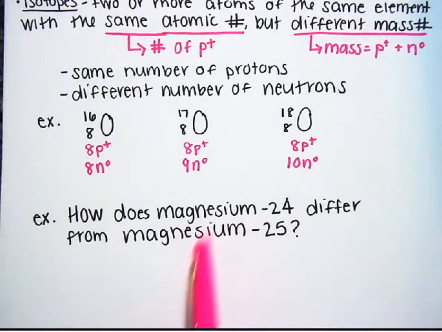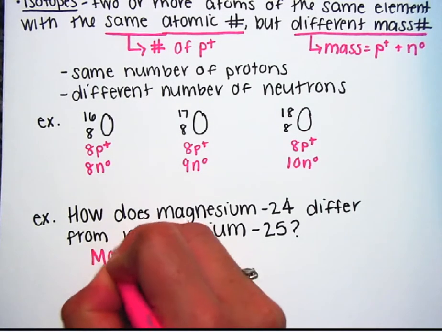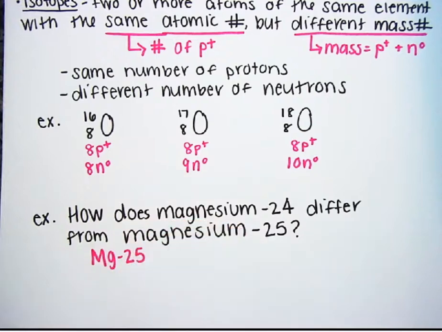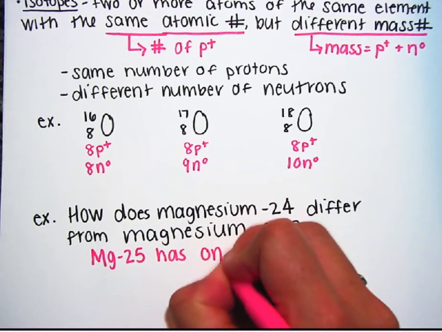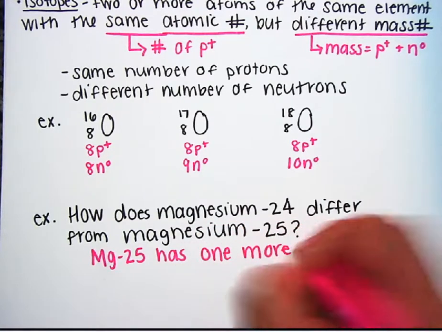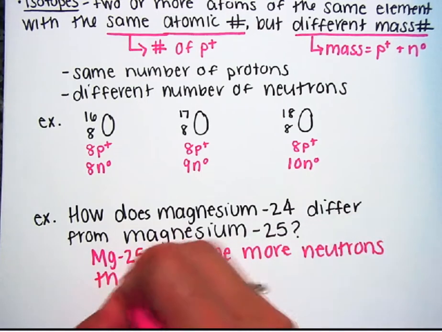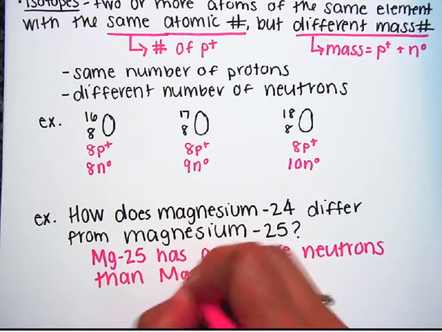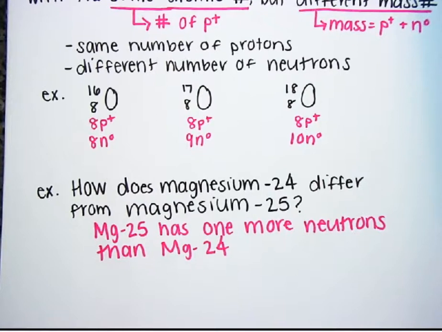Well, they're both magnesium, so we know that the number of protons is going to be the same, but how does magnesium 25 differ? Well, magnesium 25 has one more neutron than magnesium 24. So we can see that the masses are different, but the reason that the masses are different is because magnesium 25 has one more neutron.